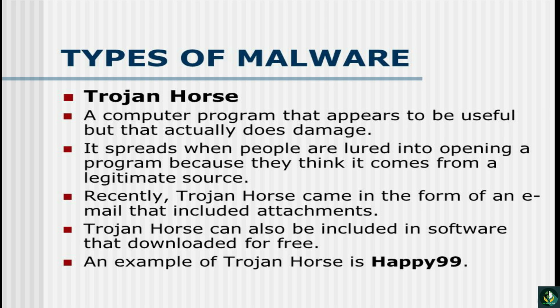Recently, Trojan horses came in the form of an email that includes attachments. Trojan horses can also be included in software that is downloaded for free. An example of Trojan horse is Happy99.